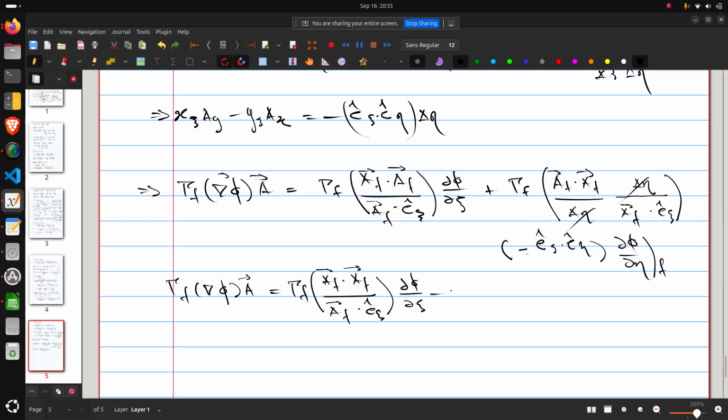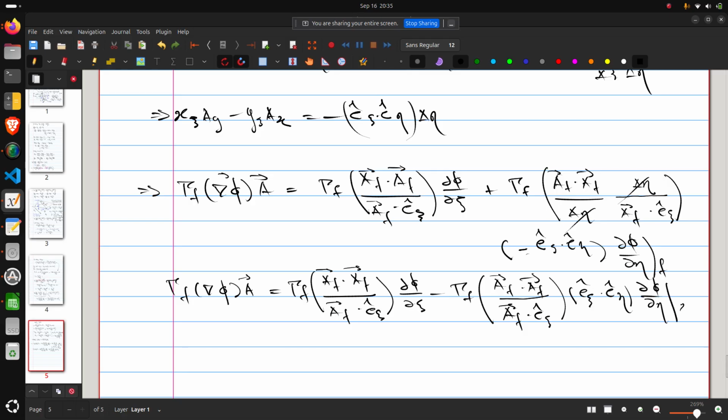So this will be minus gamma F AF dot AF for E cap psi times E eta, E psi times E eta dou phi dou n at face F.